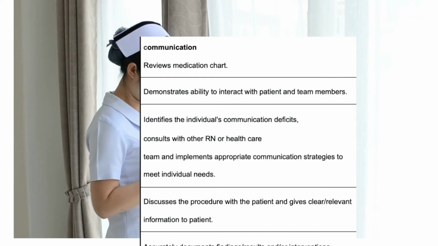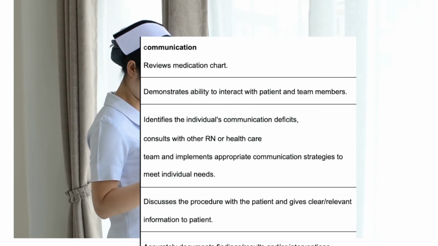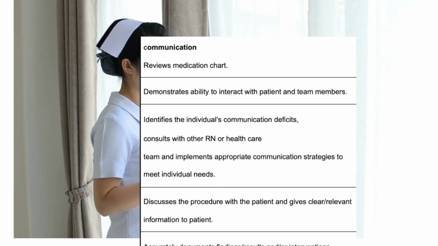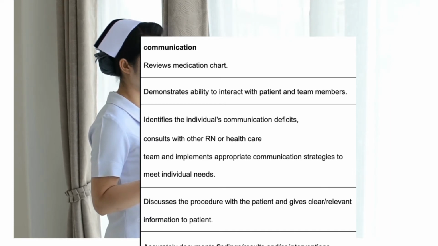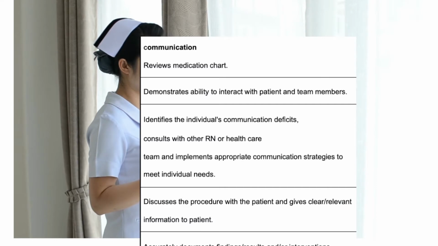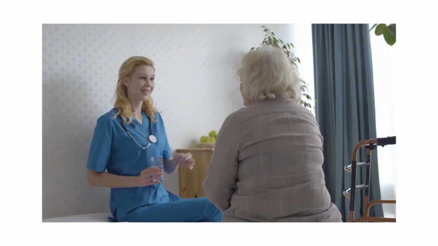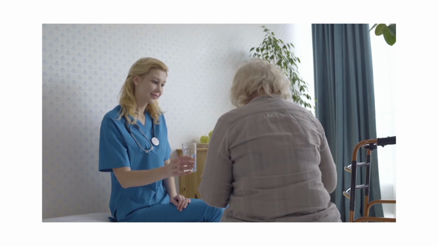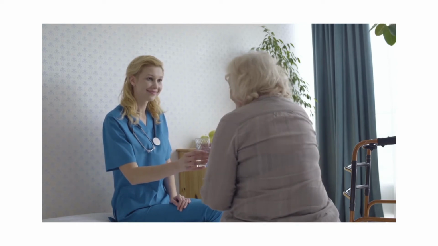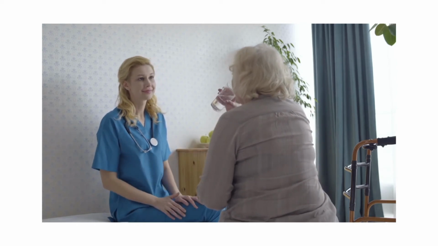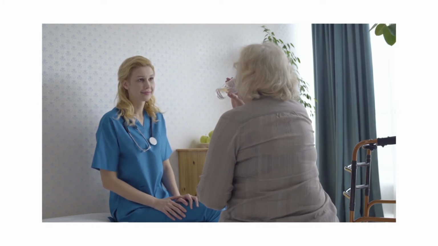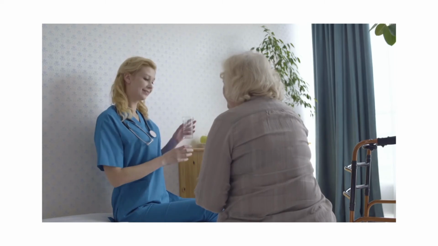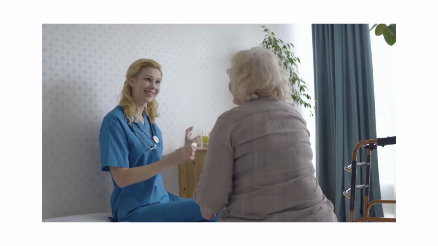The critical elements that you need to address to ensure effective communication is you review the medication chart, as you can see on the screen. Just go through that. And if your patient happens to have some sort of communication deficit, hearing problems or can't see properly, make sure that those aids, whether they need a hearing aid or their glasses, are appropriately in place when communicating with your patients as well.